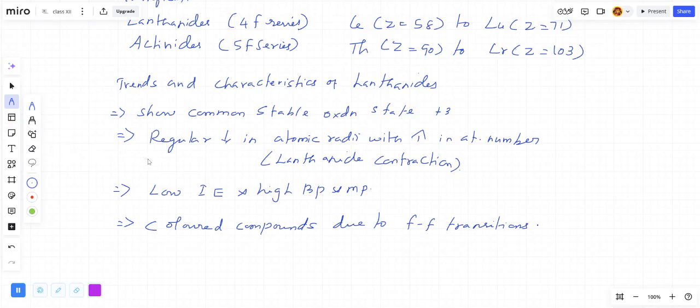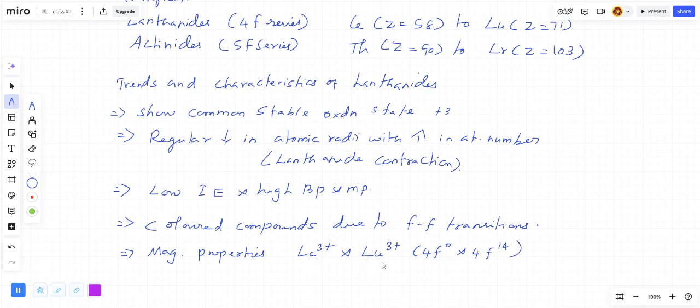Another one is the magnetic properties. Among lanthanoids, lanthanum La3+ and Lu3+ have 4f0 and 4f14 electronic configurations respectively, so they are diamagnetic, because there are no unpaired electrons.